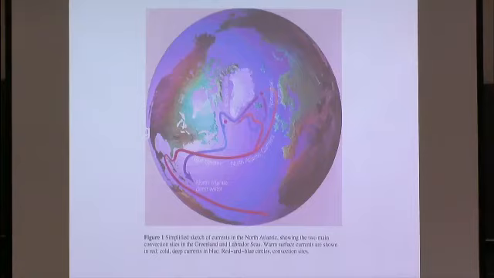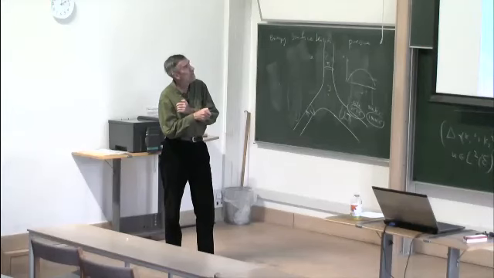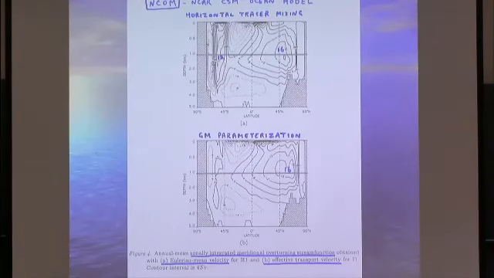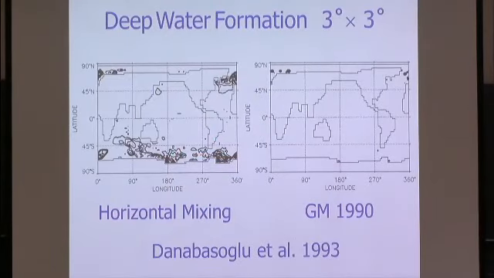And remember that, this time I'll really do it, that this here is taking cold water over light. So the result is that in the one that uses horizontal closure, deep water formation is occurring a lot of the time in the Southern Ocean, just because of that overturning circulation across the ACC.